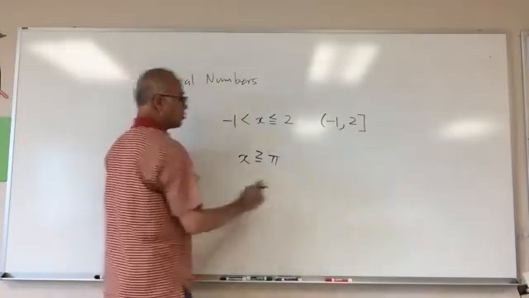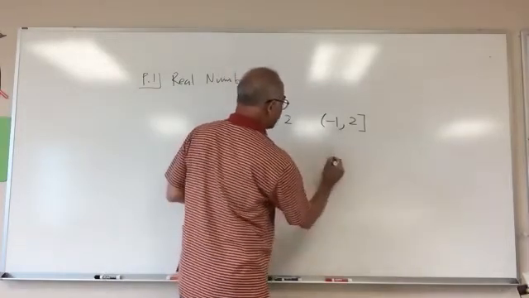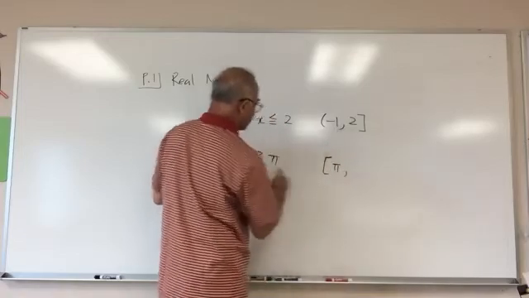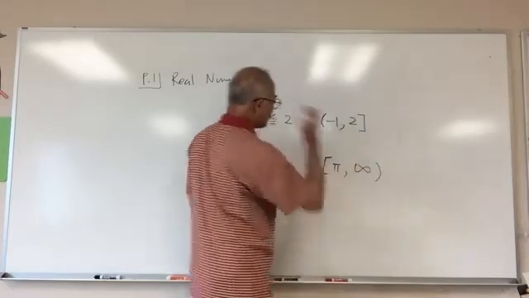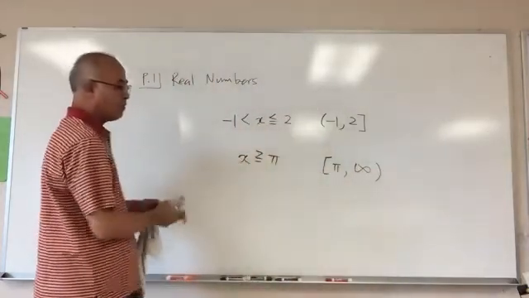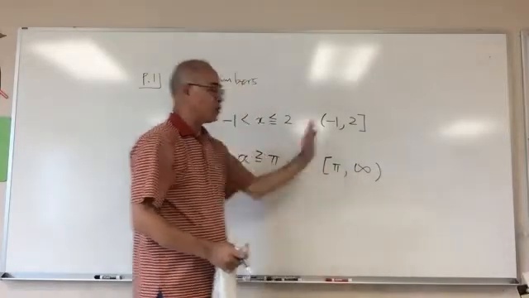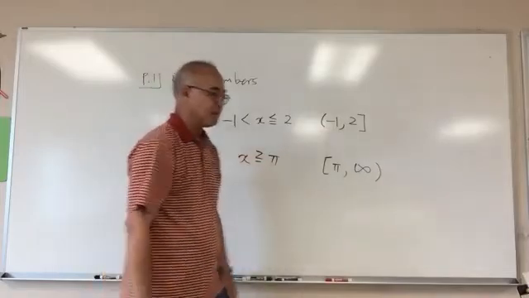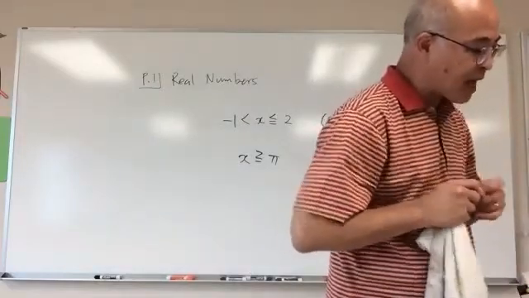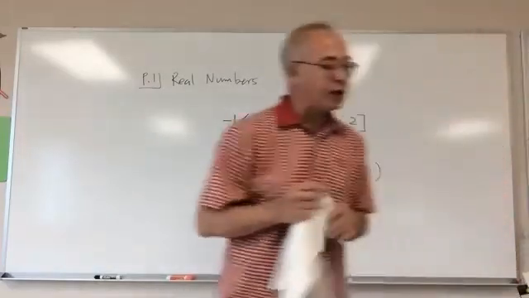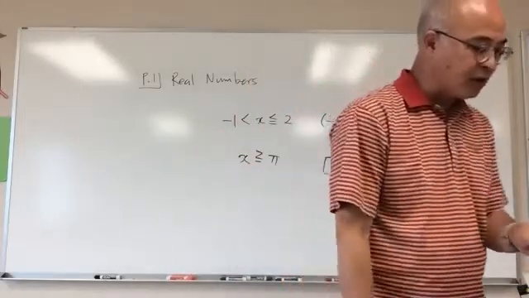Since it's greater than or equal to pi, pi is included because there's an equal sign here. On this end, infinity is unbounded, right? Even though it looks like there's a boundary there, since it's infinity, there is no boundary on the high side, okay? And that is located on page 5, middle blue box. Unbounded intervals of real numbers.